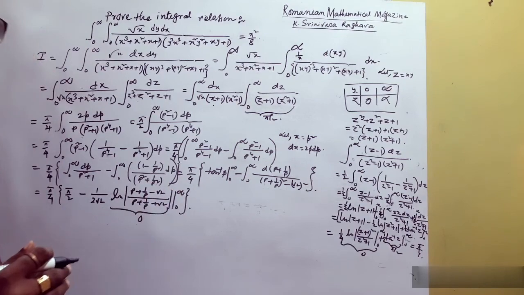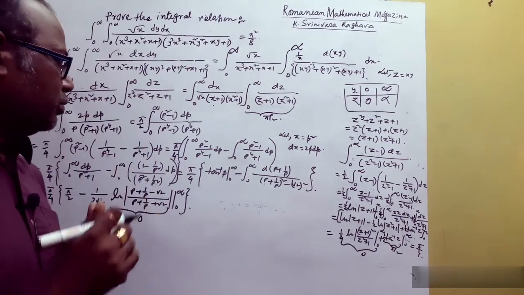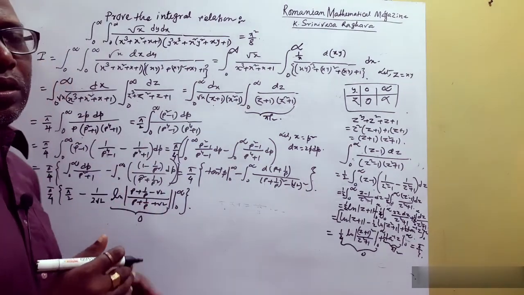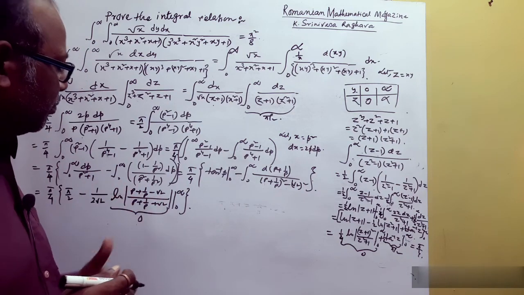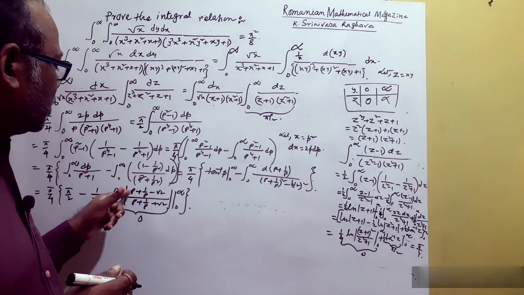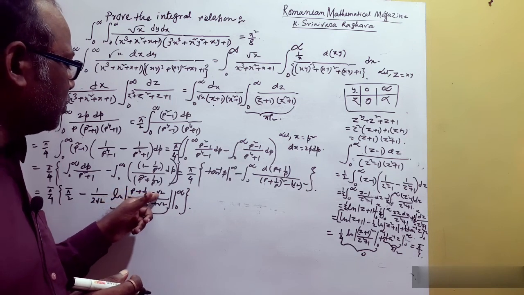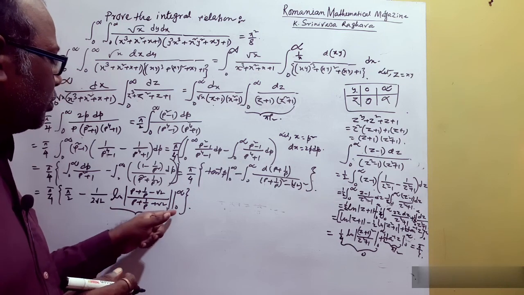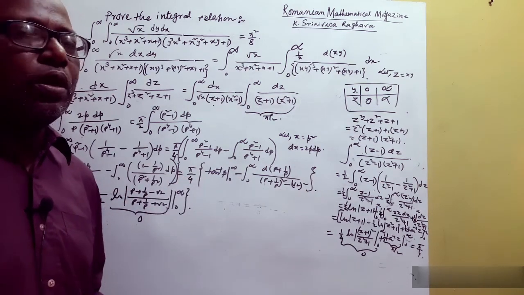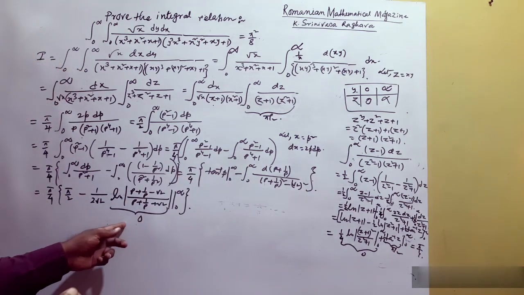Since p tends to infinity, 1 by p equals 0. So we get log 1. You know log 1 is 0. Again, if we take LCM of p, then we get p square plus 1 minus root 2 into p, over p square plus 1 plus root 2 into p. If we put 0, then we get again log 1. So log 1 is 0. So the whole thing is 0.